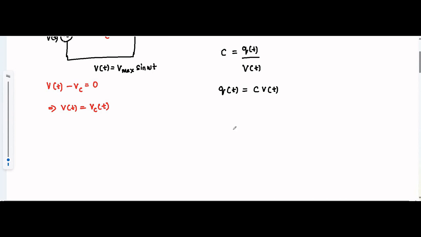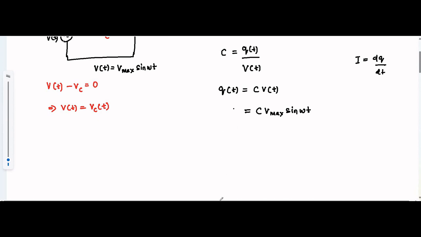Now V(t) here we can express as the time varying applied sinusoidal voltage, Vmax sine omega t. So we'll substitute the same, so this becomes C Vmax sine omega t. Now we know current is the rate of flow of charge, the derivative of charge with respect to time.